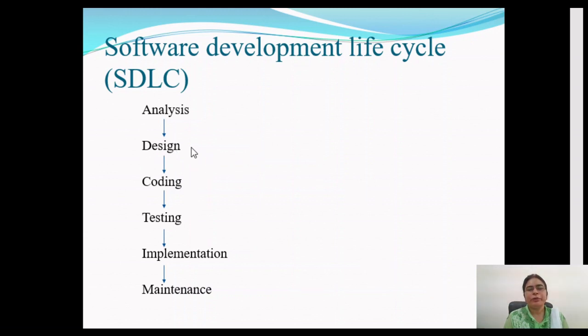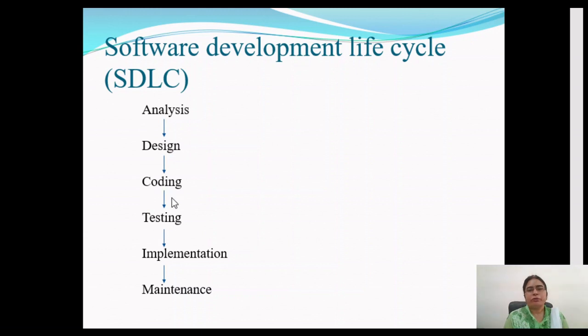But still here, we are only developing the logic, and we develop a very detailed logic for the new system. So after this step, we get a detailed design document with the help of which we can easily code the software. So in the coding step, we easily code the software with the help of this detailed design.